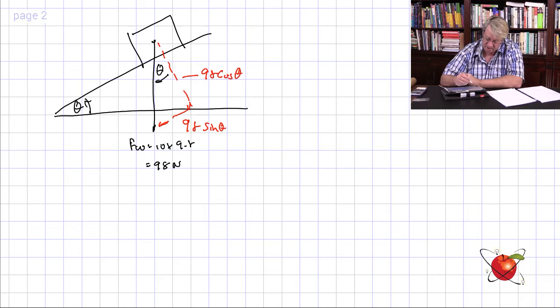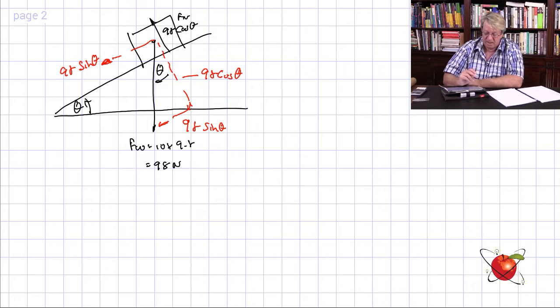What do we then say? There's my 98 sine theta over there. That's that force. I've transferred it. And my F normal is going to be 98 cos theta. Now you can see there's nothing holding me up the slope at this point, is there? There's no ropes up the slope or nobody pushing it.